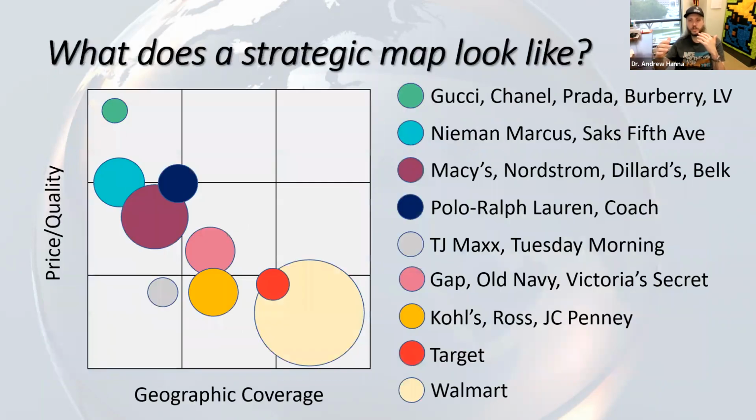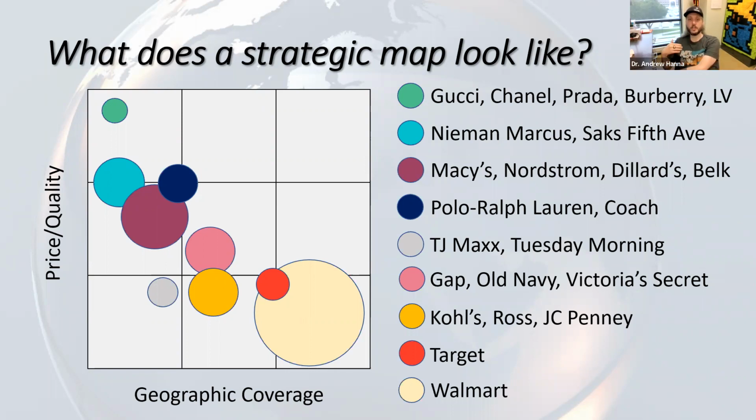We use a strategic map that looks something like this. Essentially, we can use different variables along these different axes. Just as an example here, the two ways that we tend to differentiate the type of value that a business provides in an industry is either through price competition or through differentiation, which a lot of times we look at as a measure of quality.